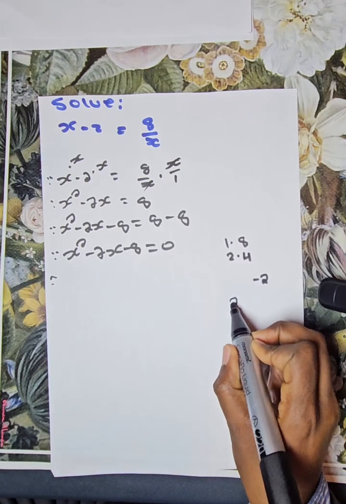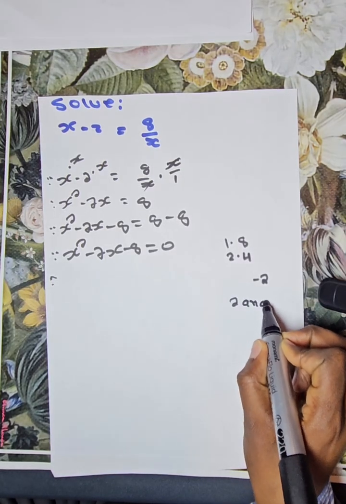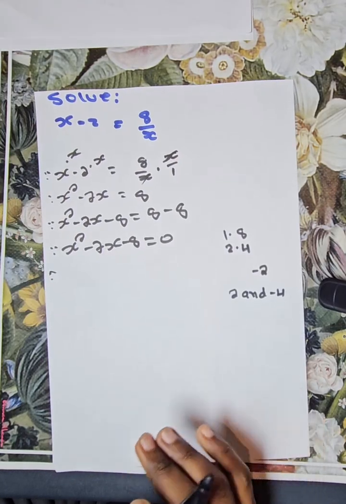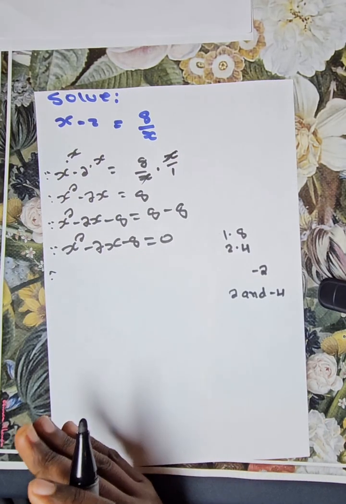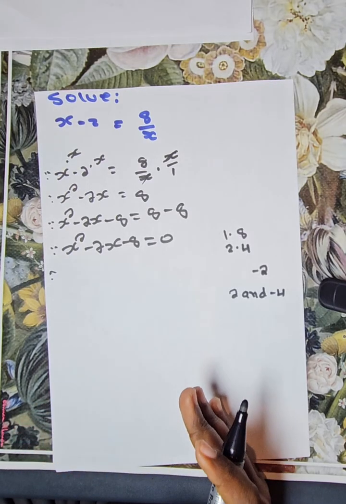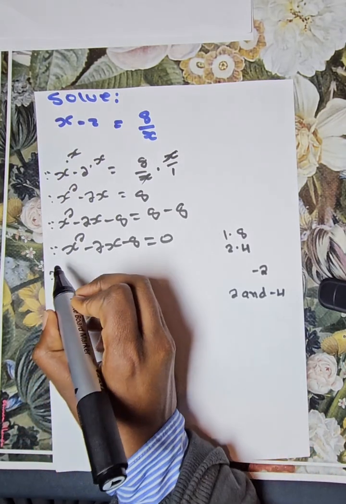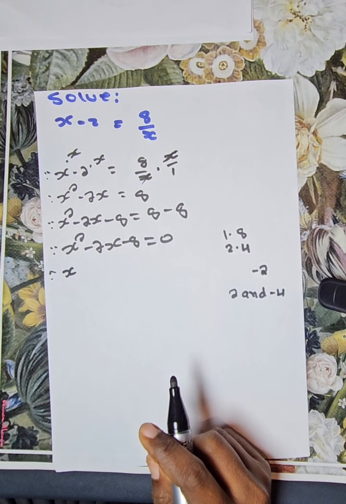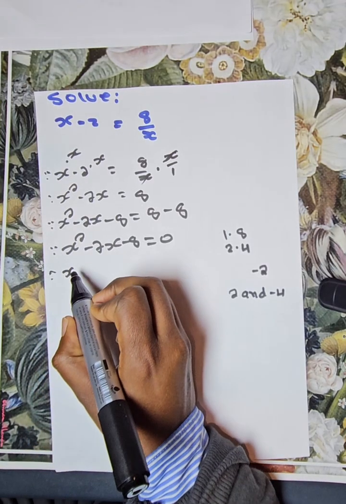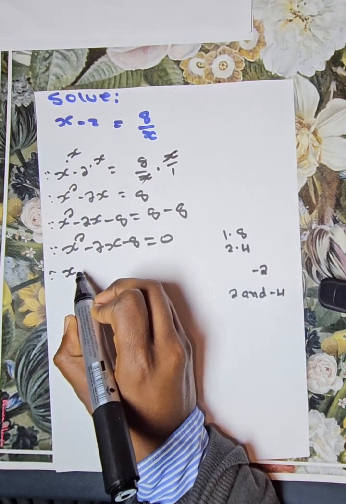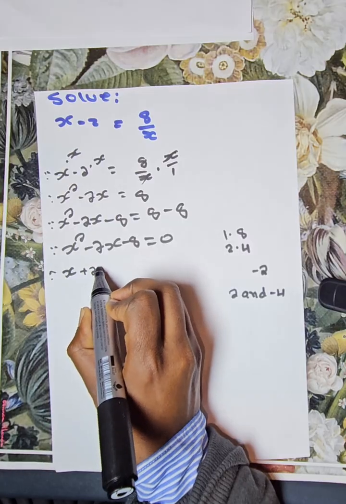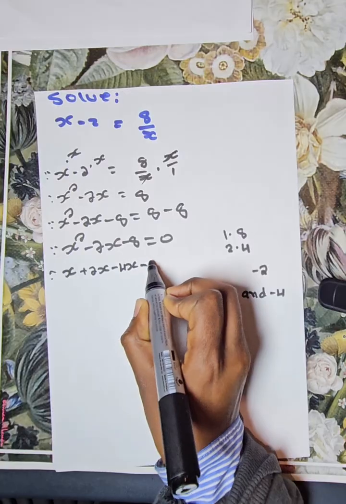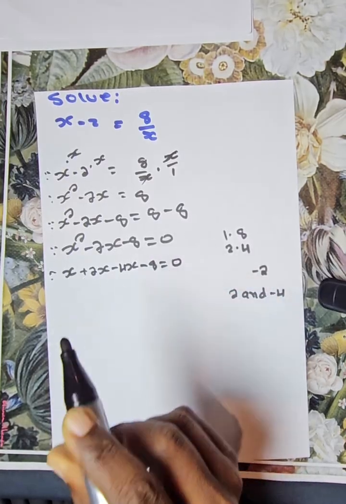Yes. 2 and minus 4 will give us this coefficient, because 2 minus 4 equals minus 2. Therefore, we substitute 2 and minus 4 in place of minus 2x. We're gonna therefore say this equals x squared plus 2x minus 4x minus 8 equal to 0.